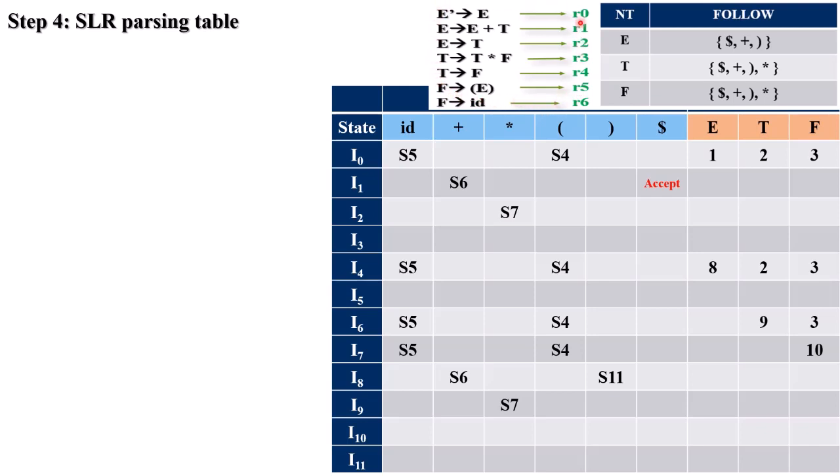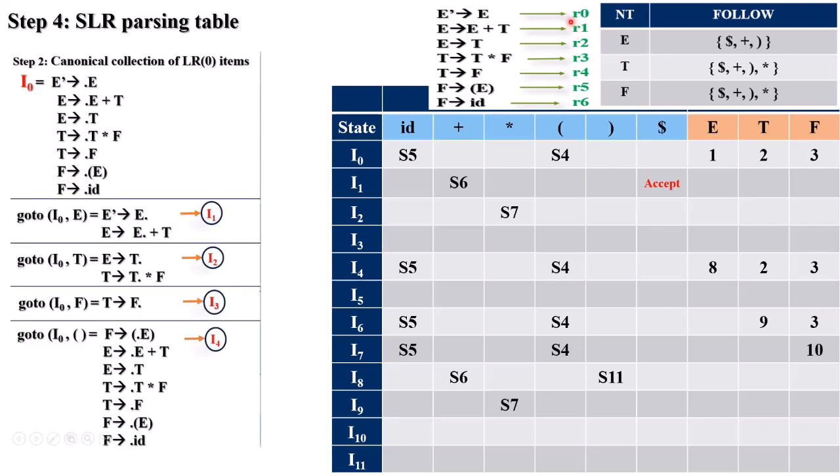I already told you why I wrote this R0, R1, R2, R3, that I will tell you later. This R means when we have any handle, we have to reduce with this production. So how to put R0, R1, R2 in this table? For that, we have to see where the dot has reached at the last.